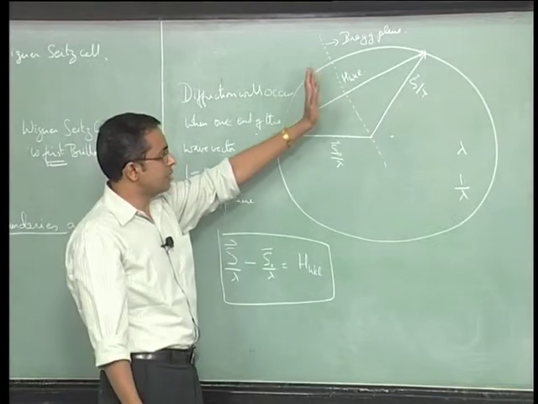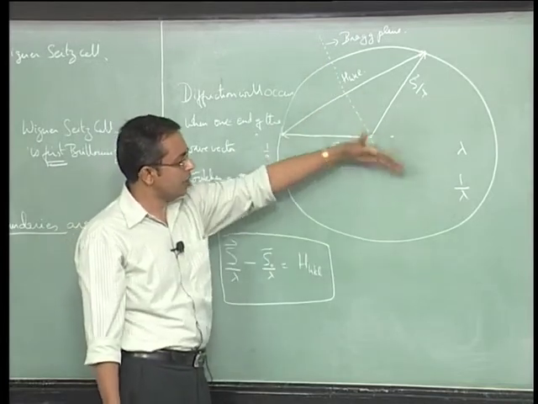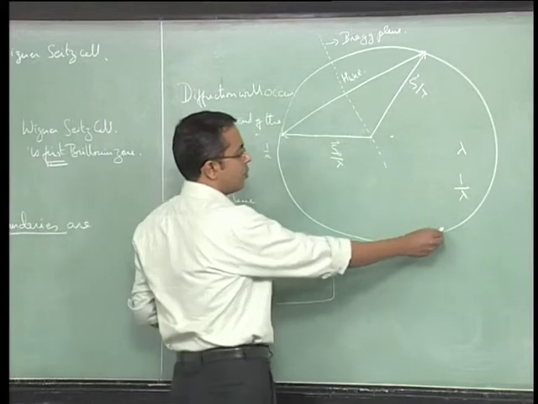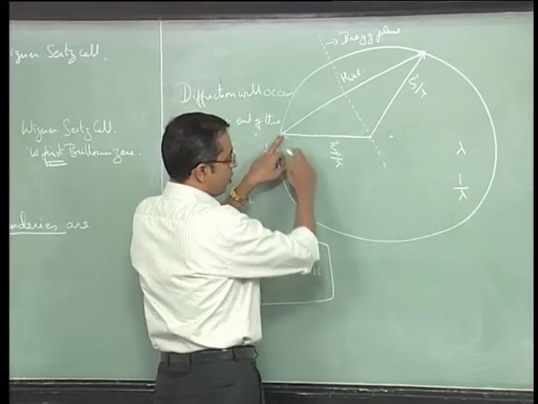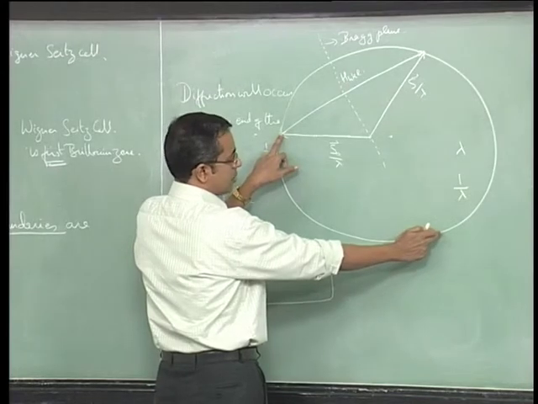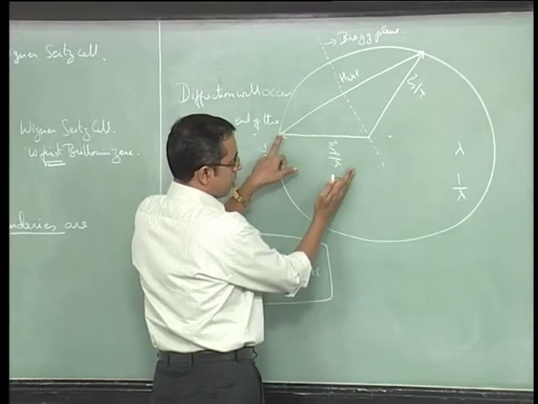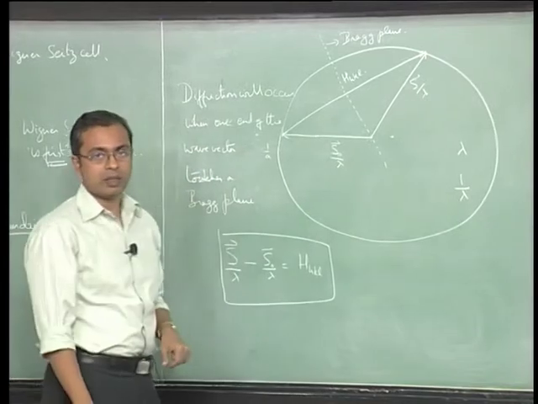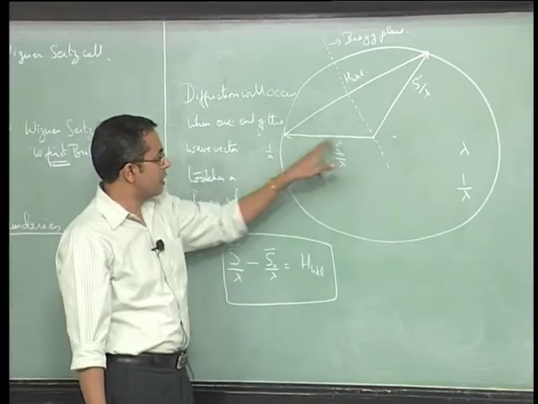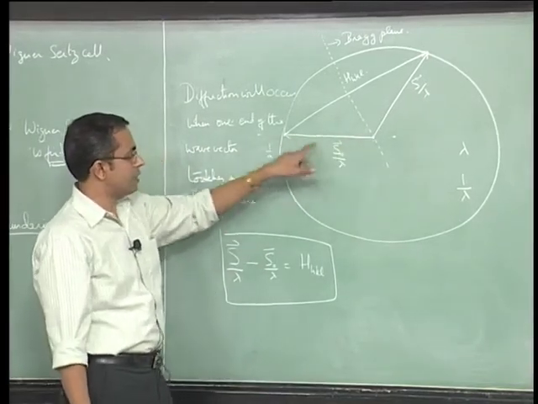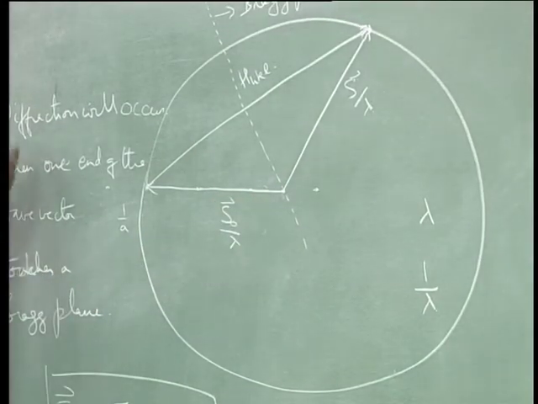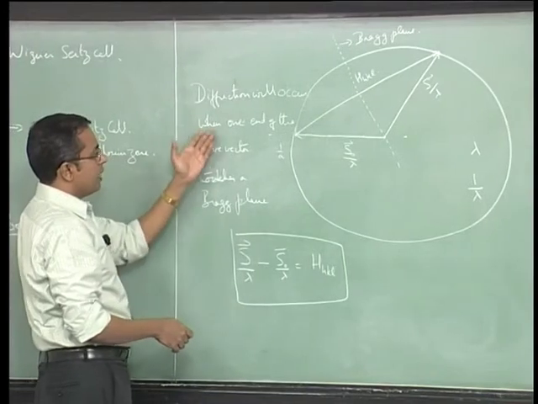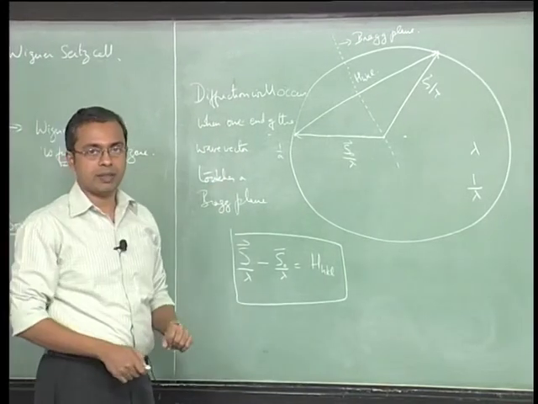No matter which lattice point you take, where this is satisfied, if you draw the line joining the origin to that lattice point, that is a valid HKL, and you draw the perpendicular bisector, it will go through that point. So one end of this wave vector will always touch that Bragg plane. Therefore, whenever diffraction occurs, one end of the wave vector will touch a Bragg plane.